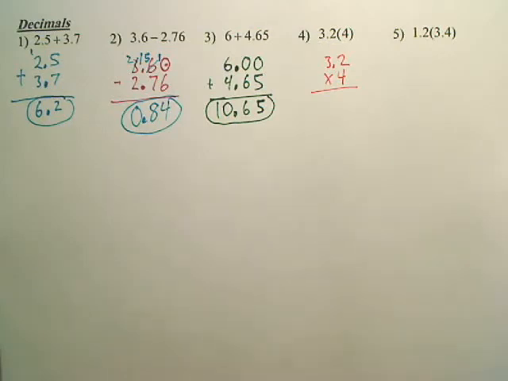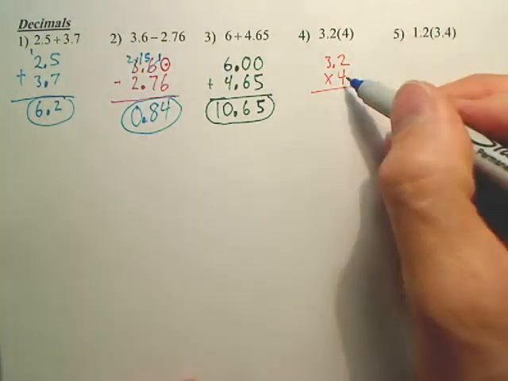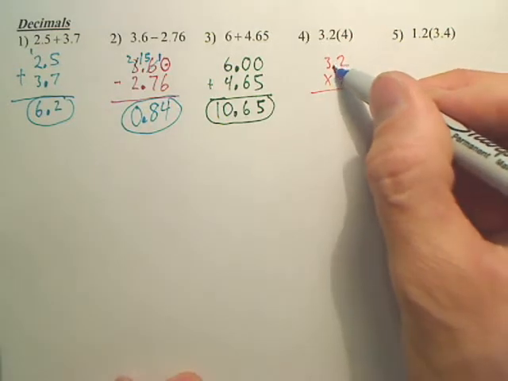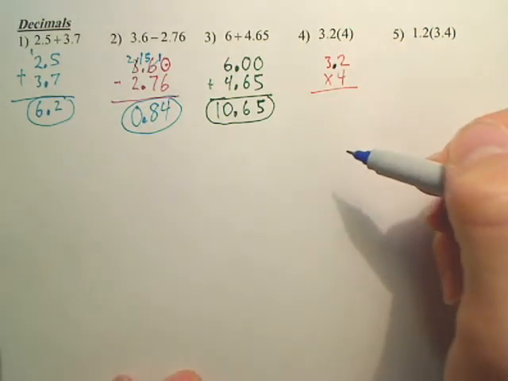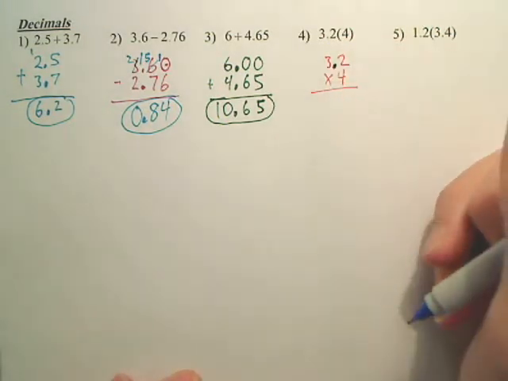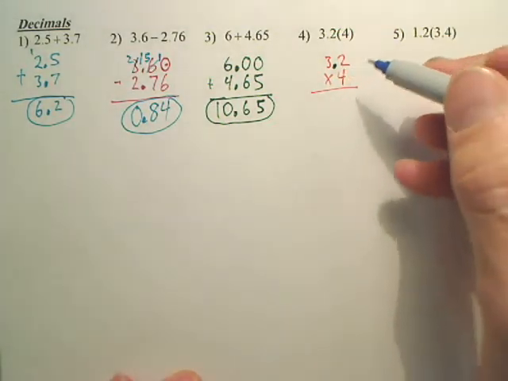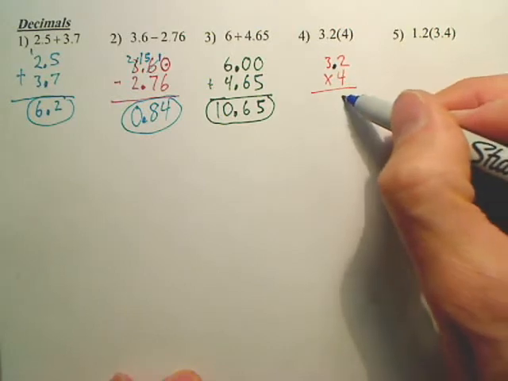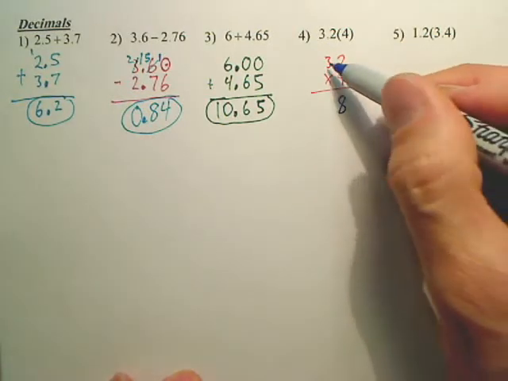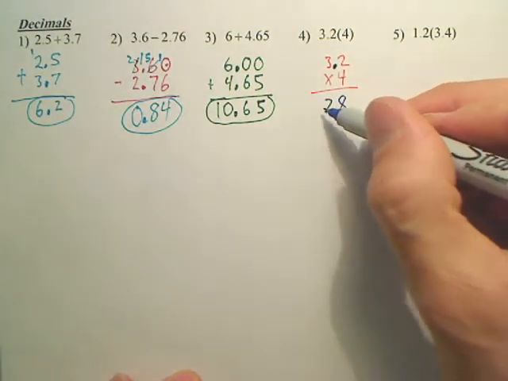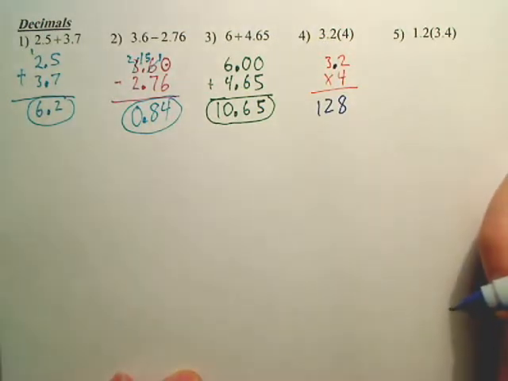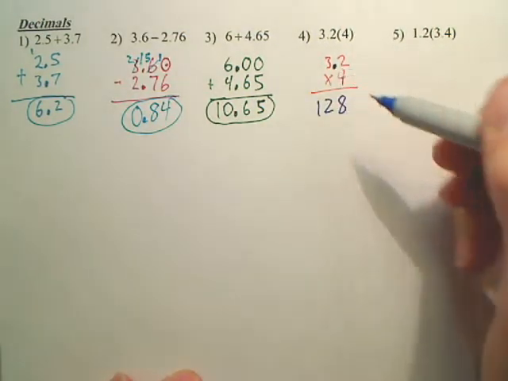Now, 4 times 3.2. Basically ignore this decimal. You just ignore it. And multiply 4 times 32. What's 4 times 2? 4 times 2 is 8. What's 4 times 3? Now, what do you do with this decimal?